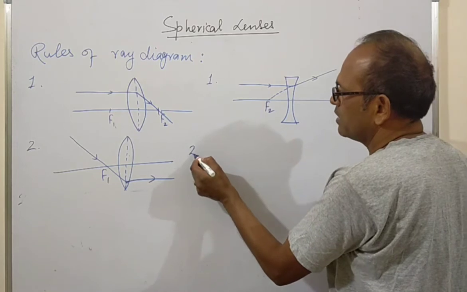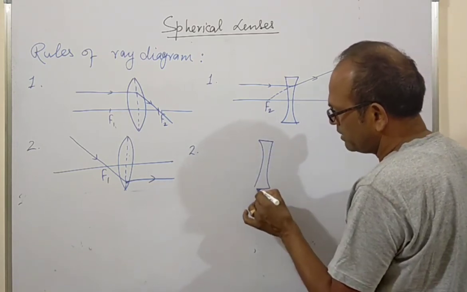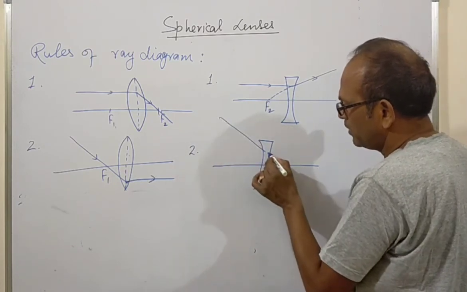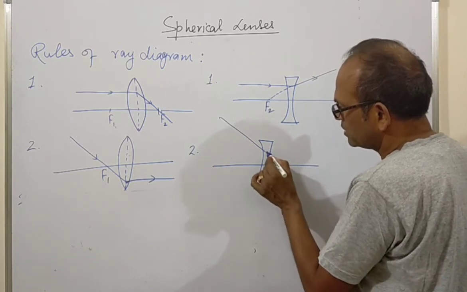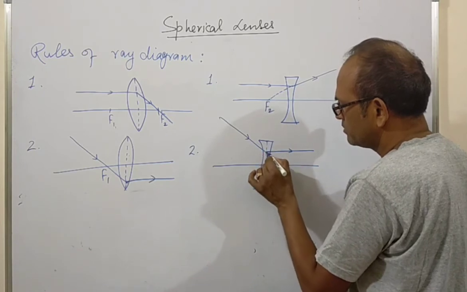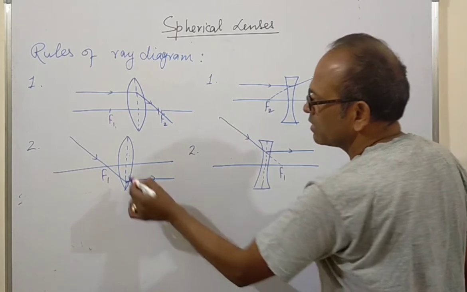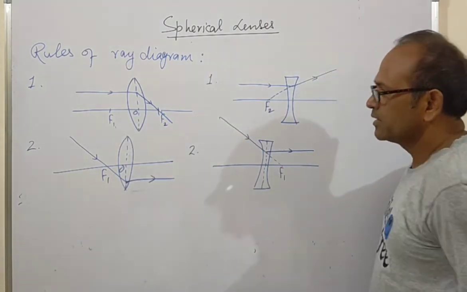Similarly, if it is a concave lens, let's see what will happen. If it appears to pass through the first principal focus, then after refraction, it becomes parallel. Okay, so this is the optical center.